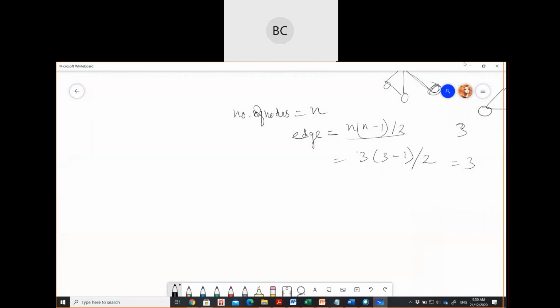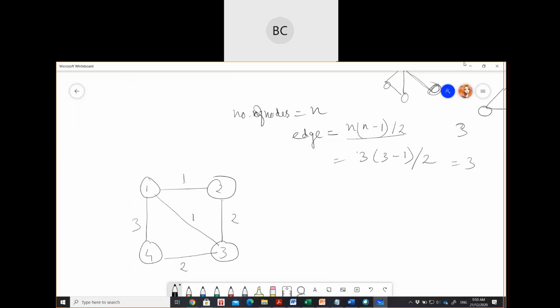Okay, let's see. Suppose this is your undirected graph. Now I am just saying that every edge will have a particular cost or value. Okay, then this is your weighted graph.